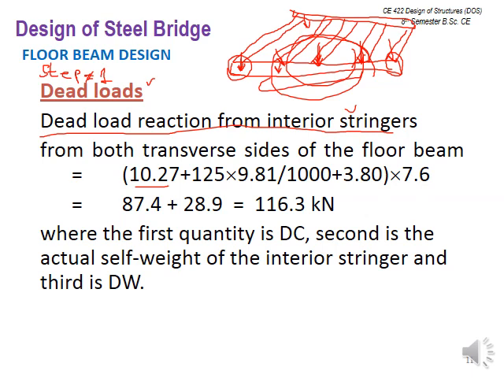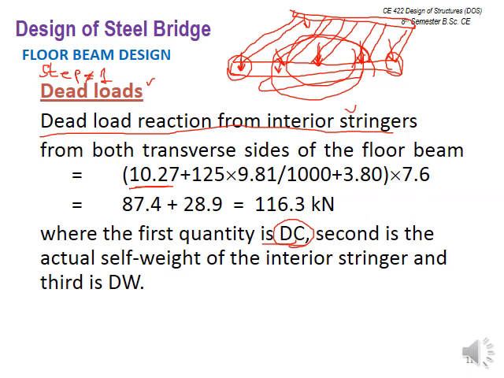First of all, this first quantity is the DC coming from the stringer. If you go back to the stringer calculation, and there go to the load analysis for the DC part of the interior stringer, then this DC you have already calculated in kilonewtons per meter. That DC part is 10.27. So calculations do not need to be done over here, as you have already done them for the stringer load analysis.